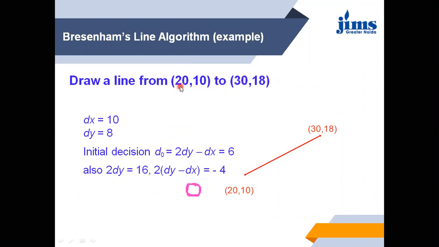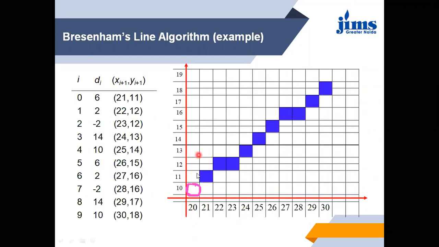Means x1 is 20 and y1 is 10, till 30 and 18. So we draw this pixel. Now we have to find the next pixel: do we draw this pixel or this pixel? Which pixel do we have to draw?